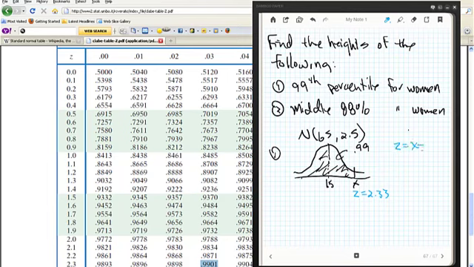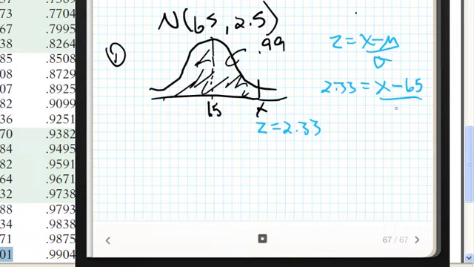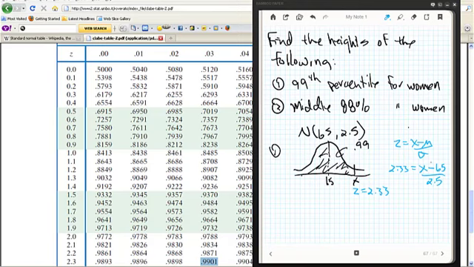Z equals X minus mu over sigma. Well, Z is 2.33, X is what I'm trying to solve for, minus mu, which is 65 inches, divided by 2.5. Look at that. I have a simple Algebra 1 equation that I can solve, right?